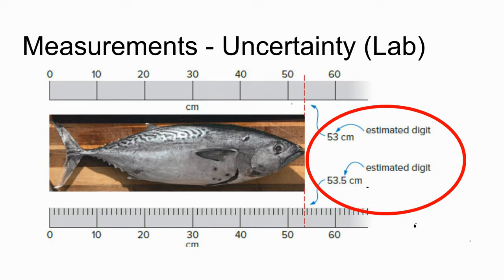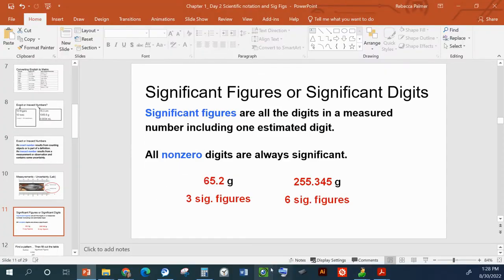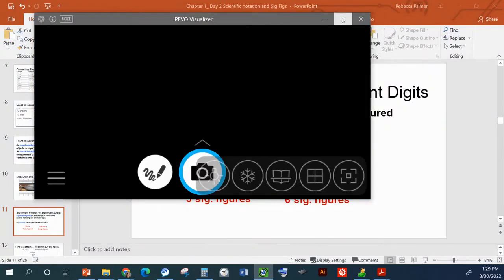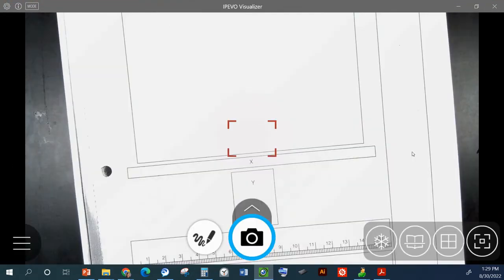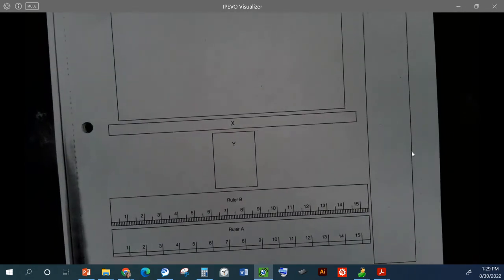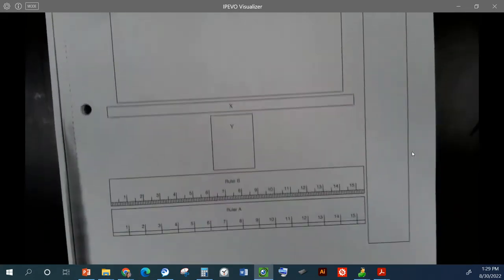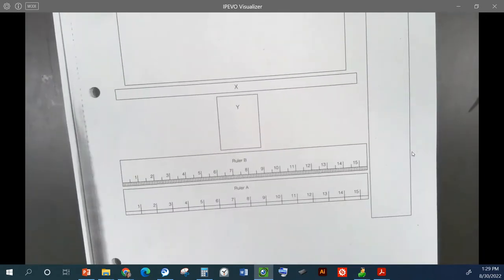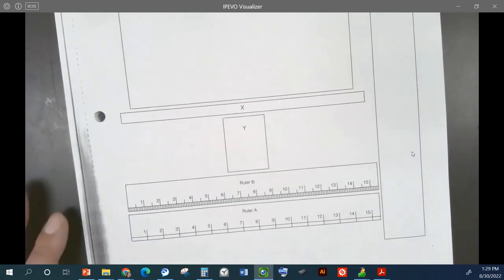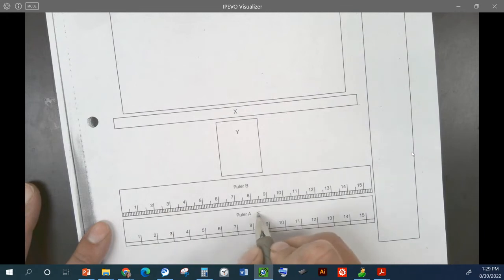So we get 1 estimated digit. Okay, let's look at your ruler. Look at ruler A. How many decimal places are we going to get for ruler A?